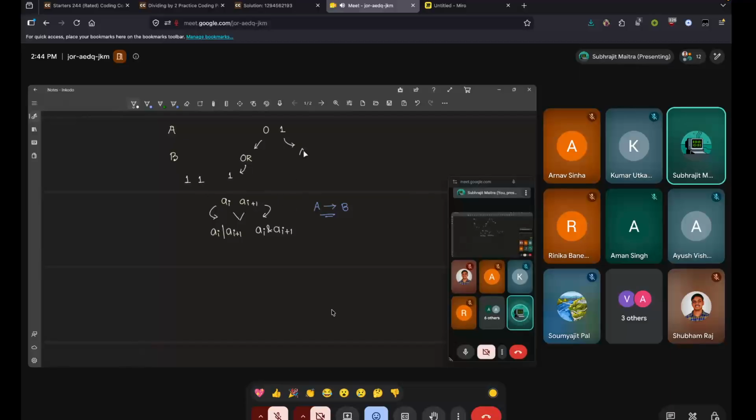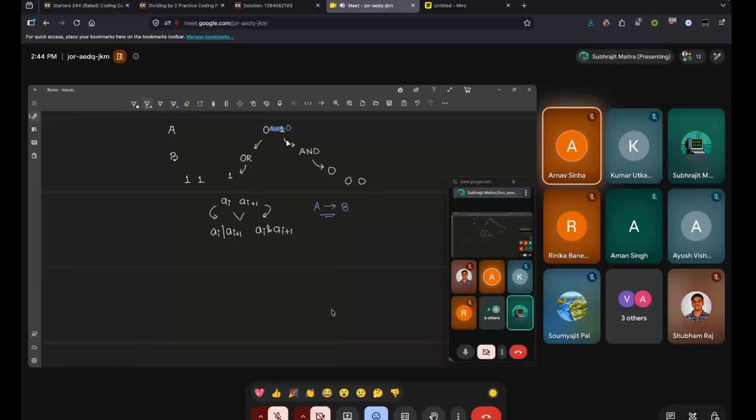If I do an AND operation, then both become 0 and 0. So in the OR case, what is actually happening is that we are stretching the 1. Else, in the AND case, we are stretching the 0, removing the 1 and putting a 0. Is this visualization clear? Yes.